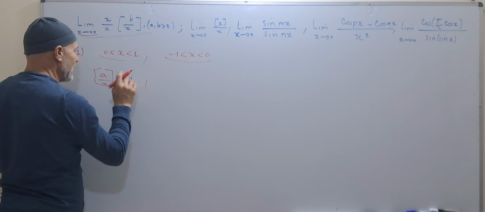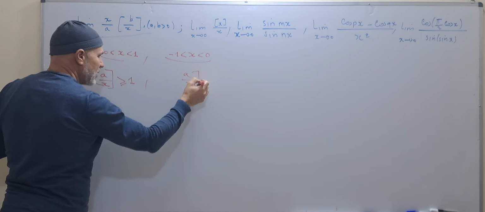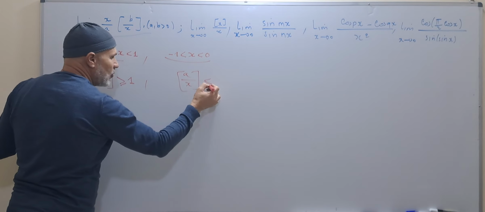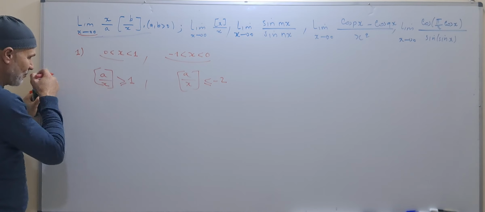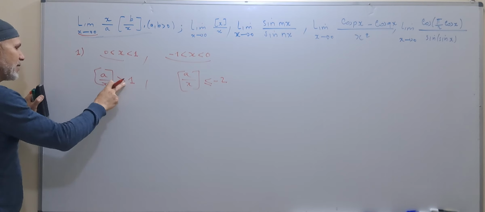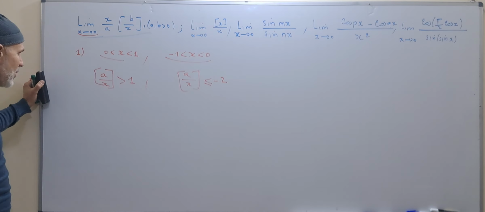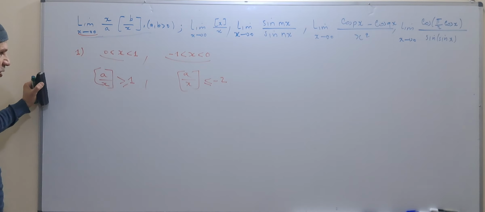The same thing if we take x from the left: a divided by x is strictly less than minus 1, and x is strictly greater than minus 1 and strictly less than 0.